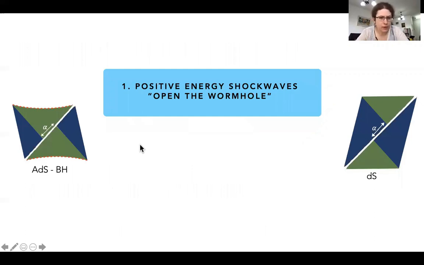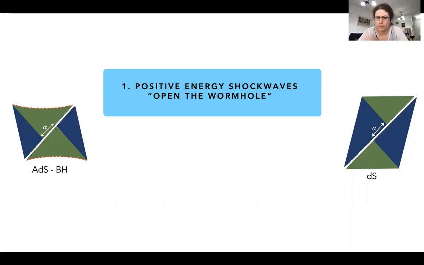So shockwave first. When I send a shockwave into a black hole, the black hole horizon increases, and essentially if the energy of what I send into the horizon is positive, then I, in a sense, close the wormhole. I see less space after I send this object into the horizon. For the cosmological horizon, it's the other way around.